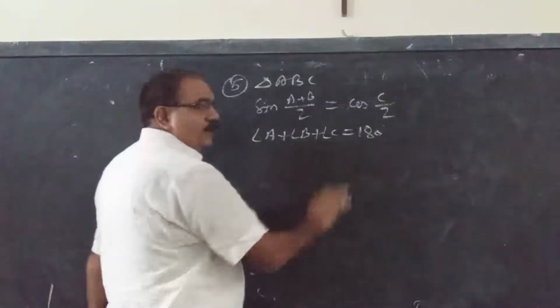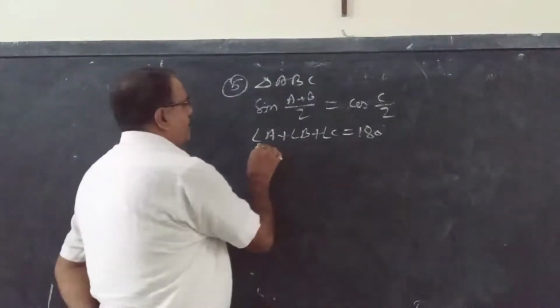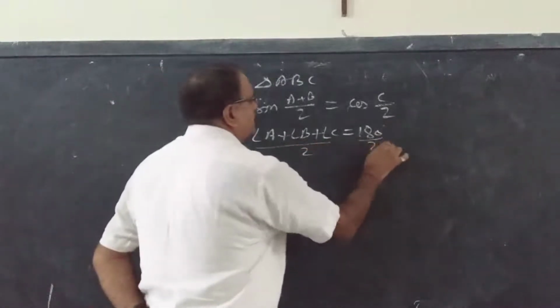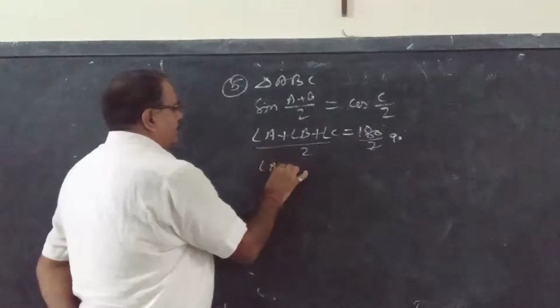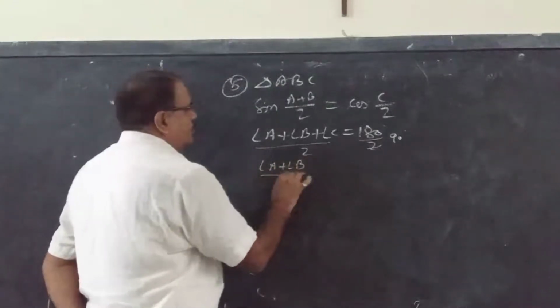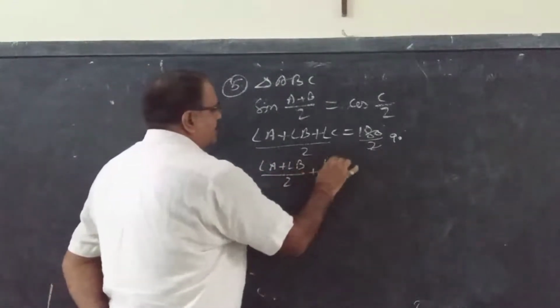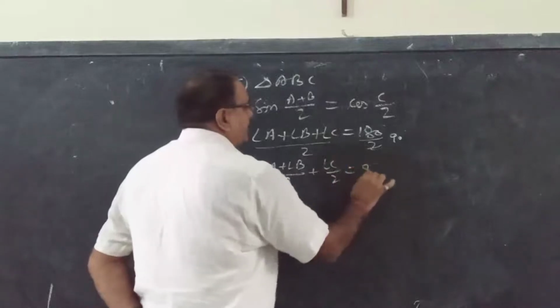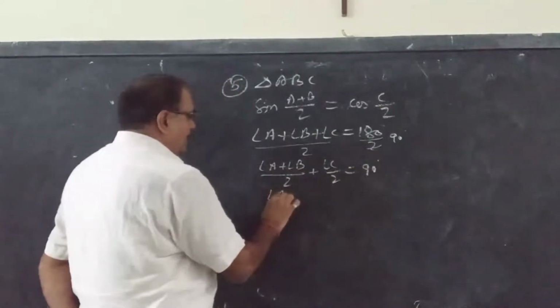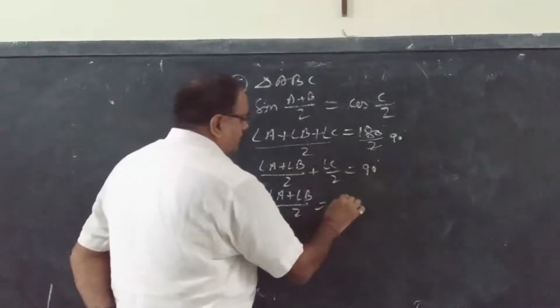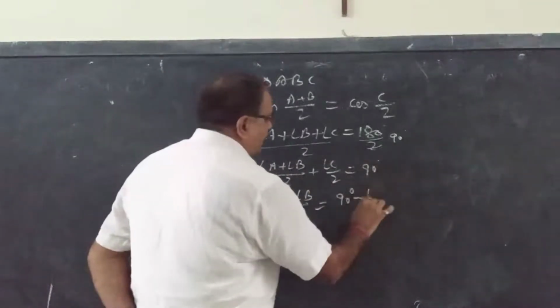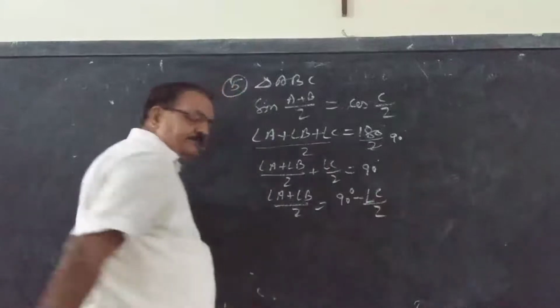We cannot divide one side; we have to divide both sides. So divide by 2. This becomes 90 degree. Now we can write angle (A plus B) by 2 plus angle C by 2 is equal to 90 degree. Now angle (A plus B) by 2, when this goes to the other side, becomes 90 degree minus angle C by 2.